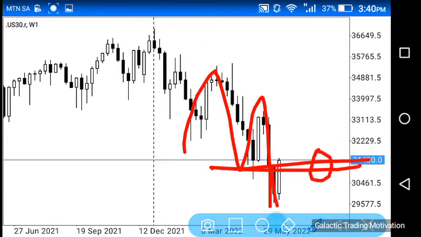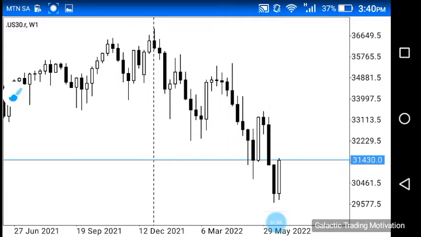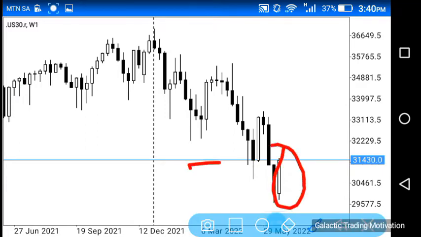Price broke the neckline and then went back to retest the neckline. Currently, we can see that the previous weekly candle actually seems to have broken the support line, or rather the neckline of this M structure, right?